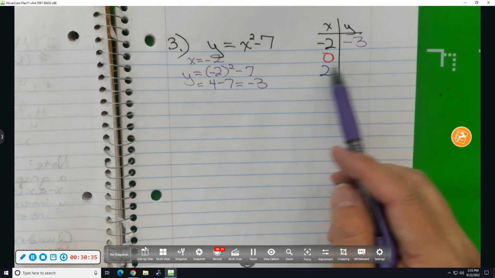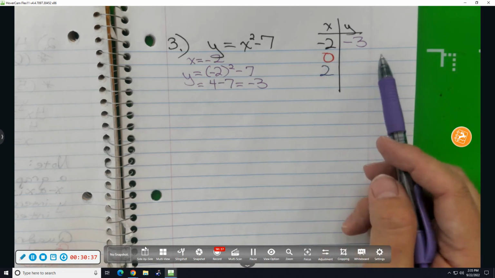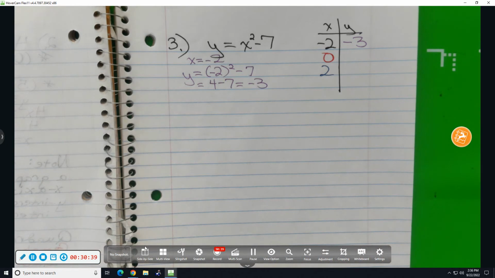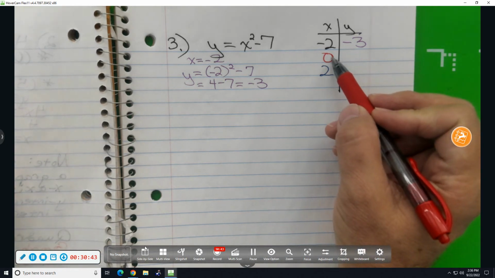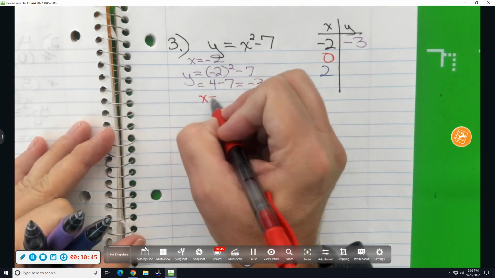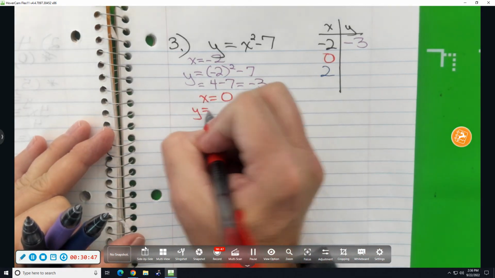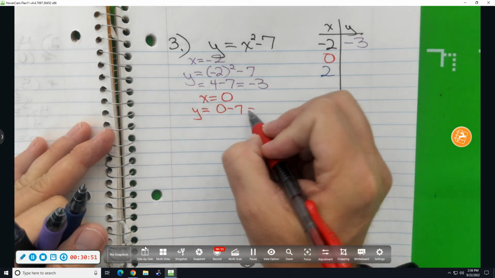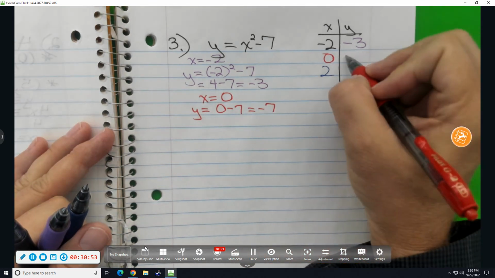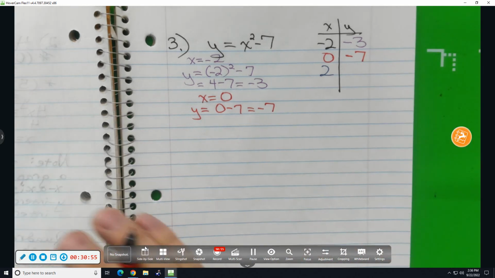What does the second row say to do? 0. So it would be 0 squared, which is 0. So we're plugging in 0 for x, and that'll give us y equals 0 squared, which is just 0, minus 7. So we have a y value of -7.